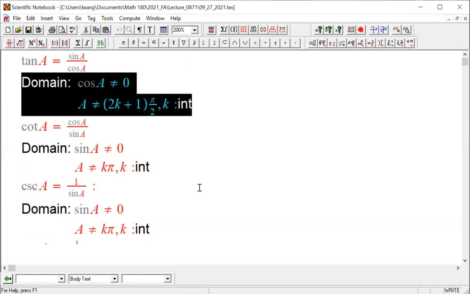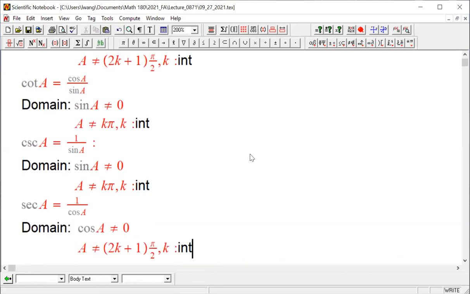You just copy and paste the entire thing here. So from sine and cosine, you figure out the domain for all of the rest of the functions. Does that make sense? And it's all in the definition. You just have to figure it out, and you'll be given questions about it.